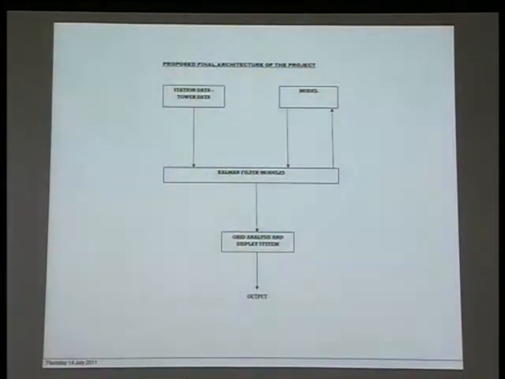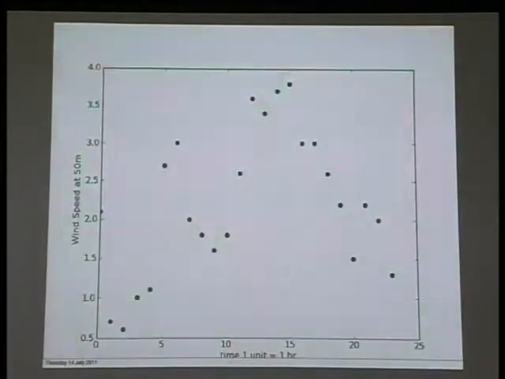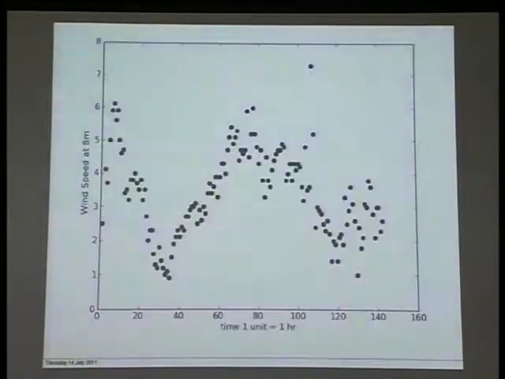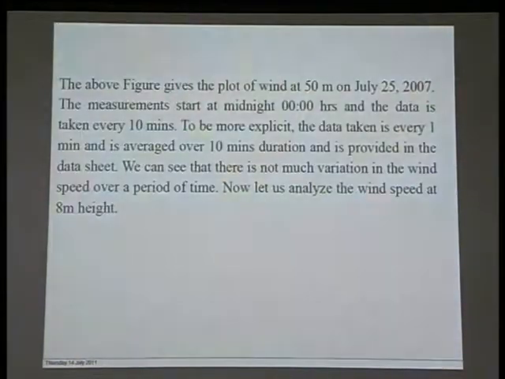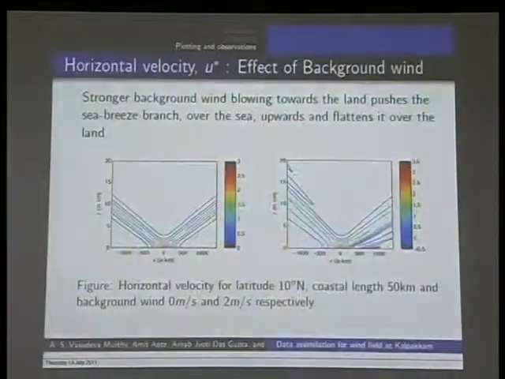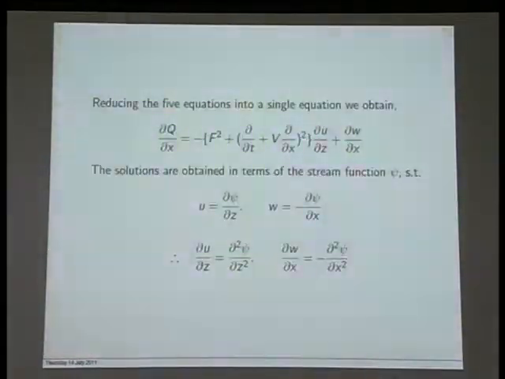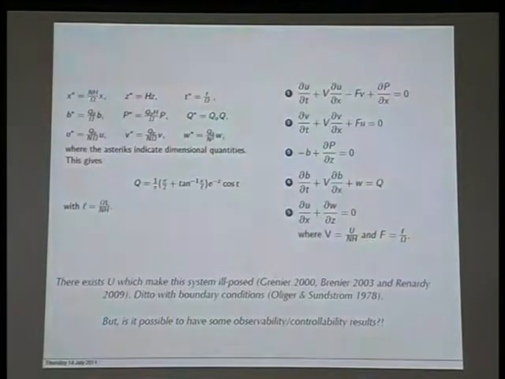The question is what kind of system we need to use, or what kind of domain we should take. If we are going to solve in a bounded domain, there are observability theorems for linear hyperbolic systems, which say that the observables should be at the boundary.